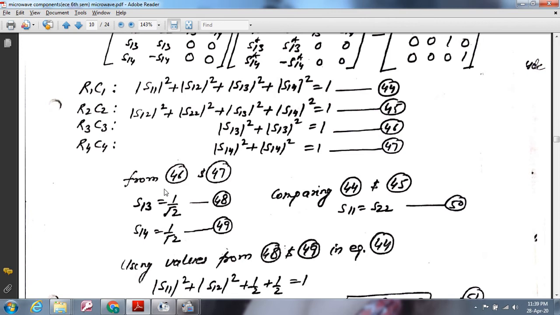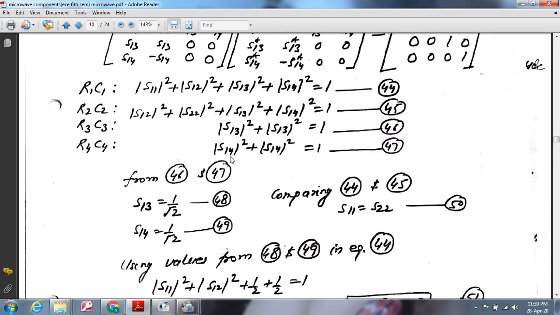Now from equation number 46 and 47, we get S13 square plus S13 square, meaning twice S13 square, equals 1. So S13 equals 1 by root 2. This is 48.